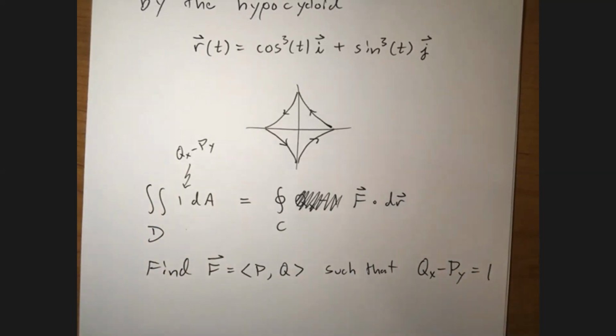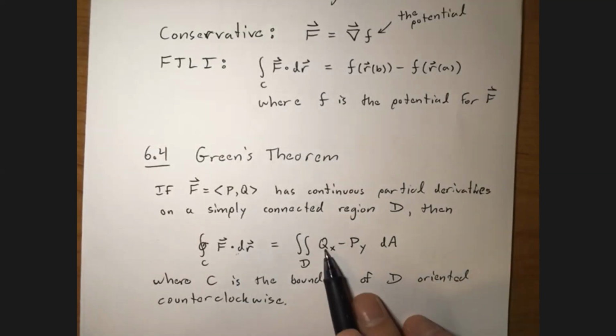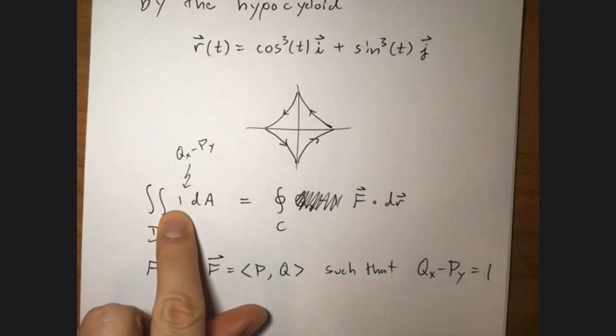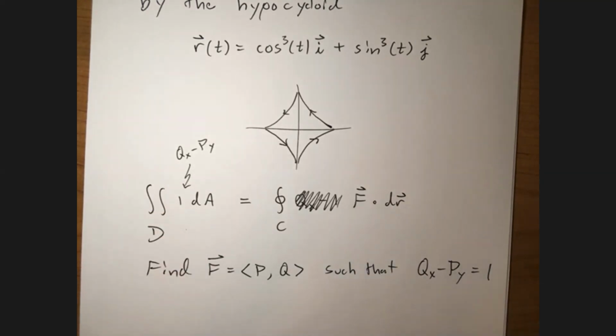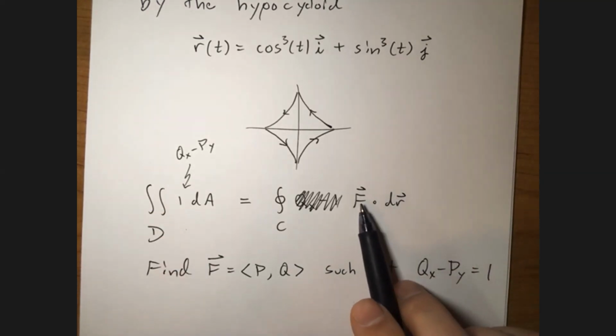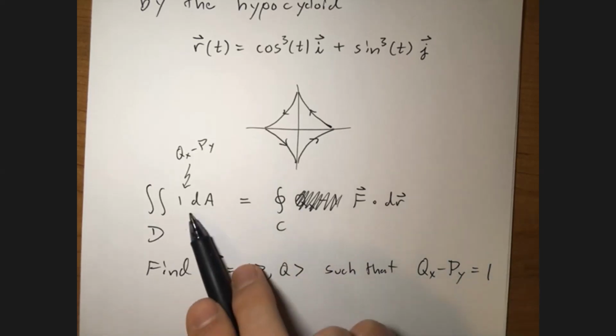Now, Green's theorem said that the integral of F dot dr was equal to Qx minus Py, right? So this must be Qx minus Py. In other words, Qx minus Py must be equal to 1. So what we have to do is find a vector field, P, Q, such that Qx minus Py is equal to 1.